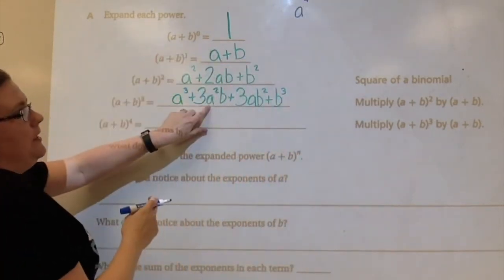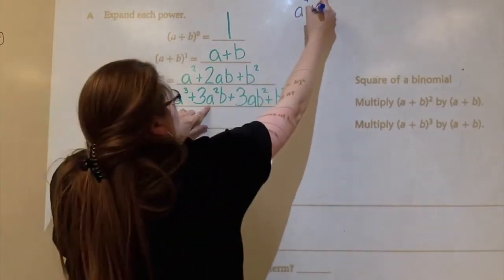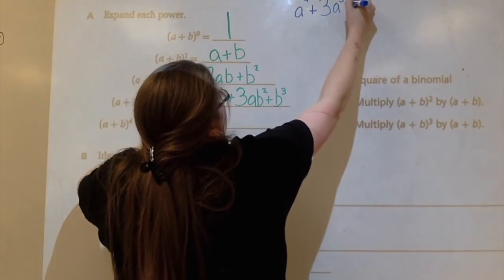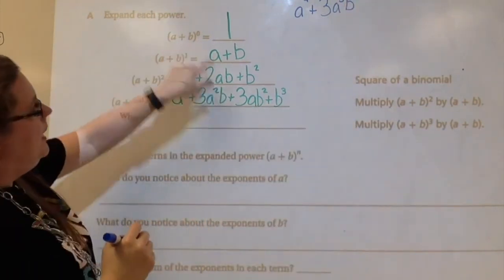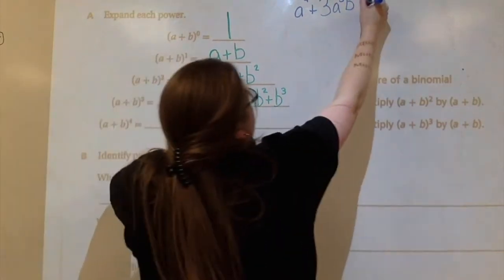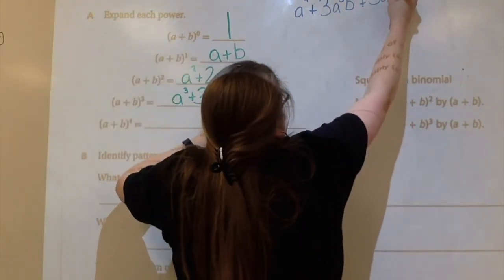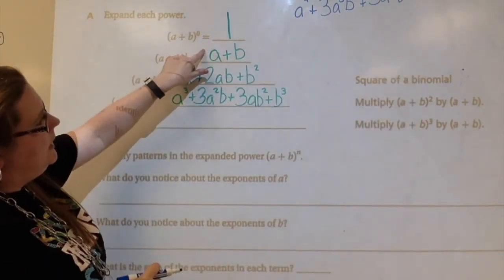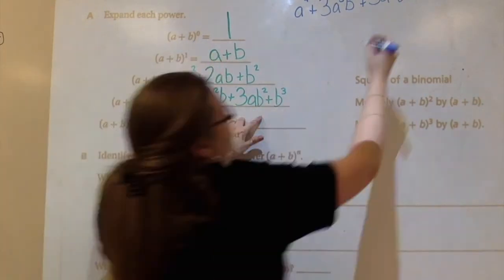A times 3a squared b is 3a cubed b. A times 3ab squared is 3a squared b squared. And a times b cubed is ab cubed.